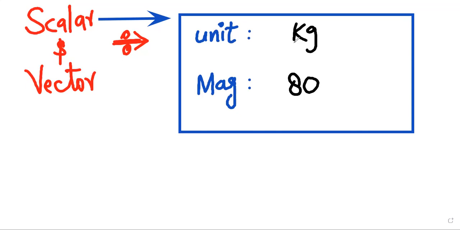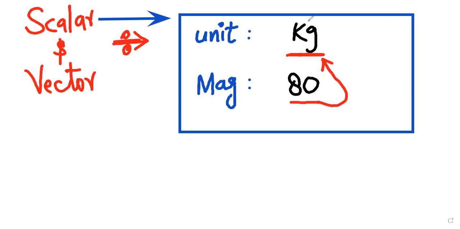Like, what is 80? 80 grams, 80 kg, 80 pounds, 80 tons, 80 meters, 80 liters? When you use some unit, it specifies the physical quantity. Suppose I'm using kg, it means this 80 is the mass of the object.